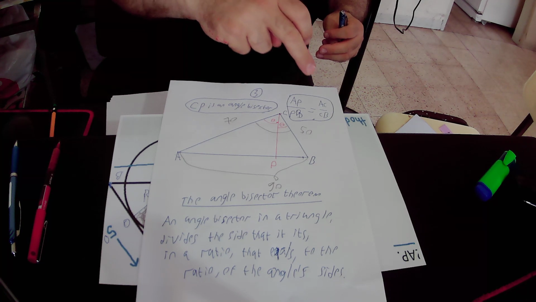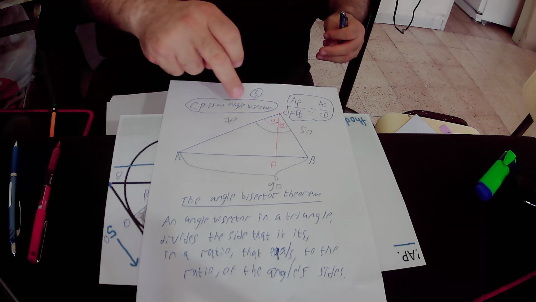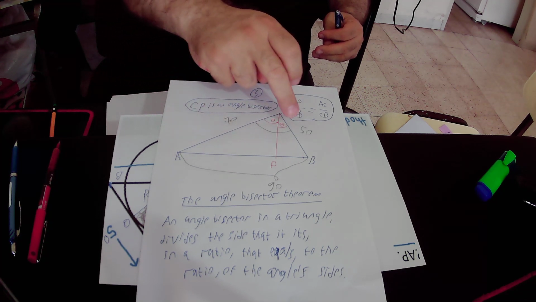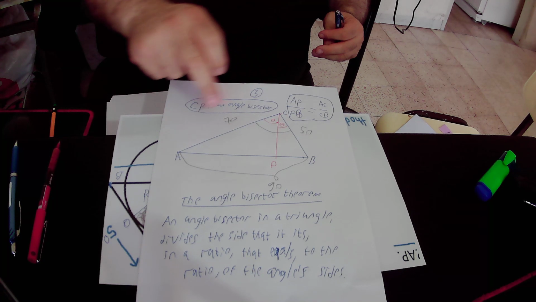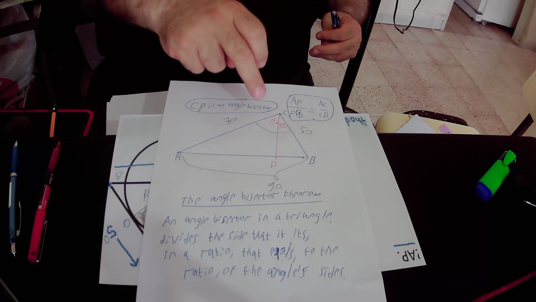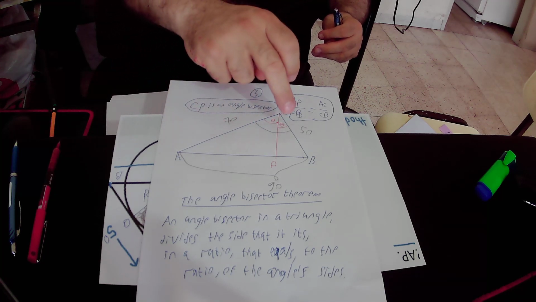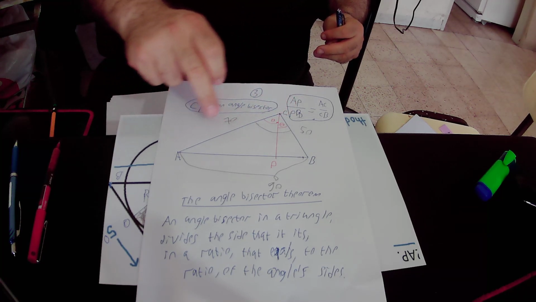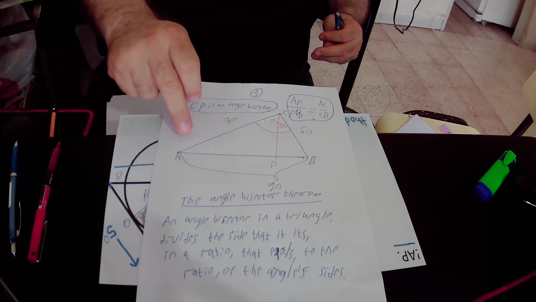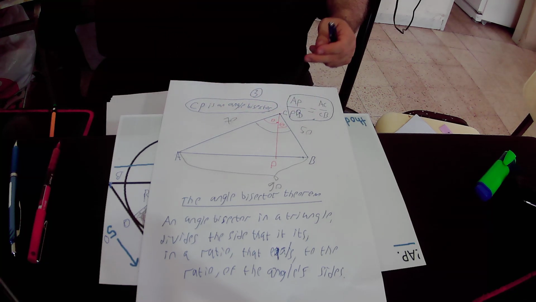So AP over PB, the ratio in which bisector CP divides AB, equals the ratio of angle ACB's sides, which is AC over CB. So AC over CB equals AP over PB.